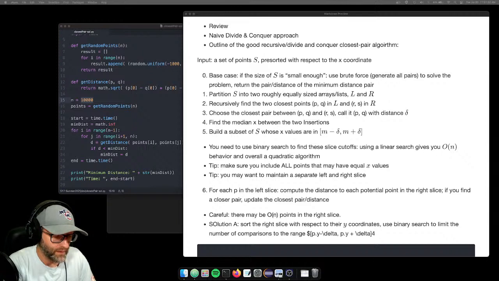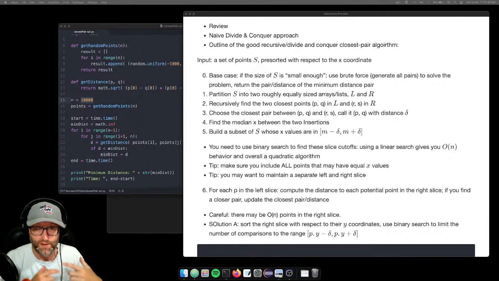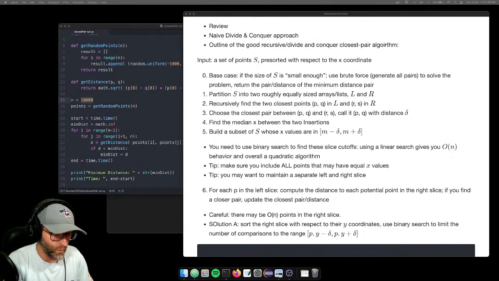Here I'm taking the point's y coordinate. The y range.